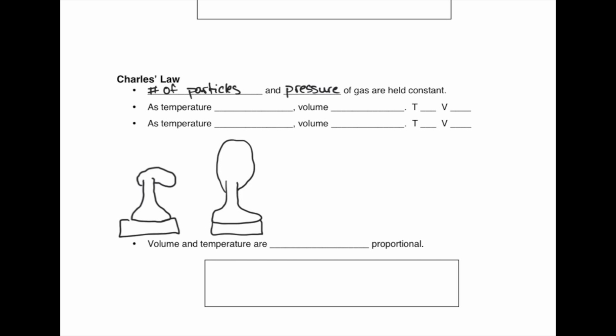So let's look at this in a particle diagram now. So if we have slow-moving particles and we have an expandable type of substance like a balloon, okay, as the temperature increases, that's going to push that balloon to a larger volume, okay?